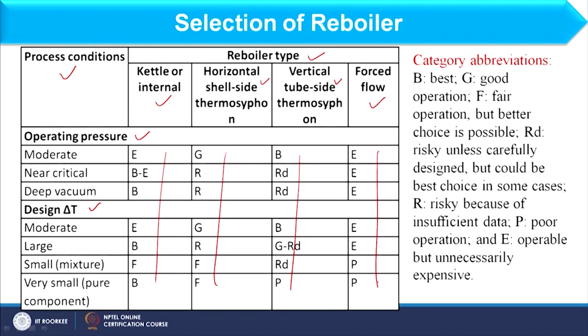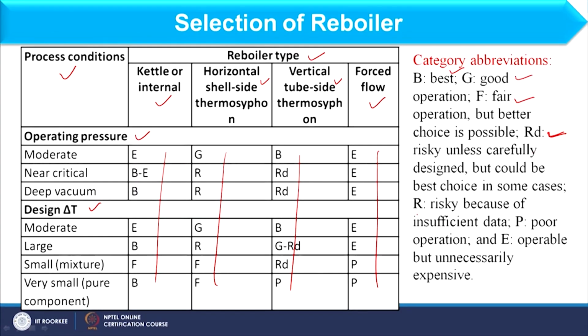If we elaborate this, B stands for best, meaning the reboiler gives the best performance. G is for good operation, F for fair operation, but a better choice is possible. Similarly, RD is risky unless we have designed it carefully.